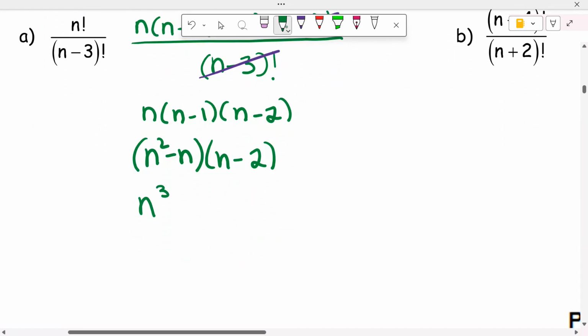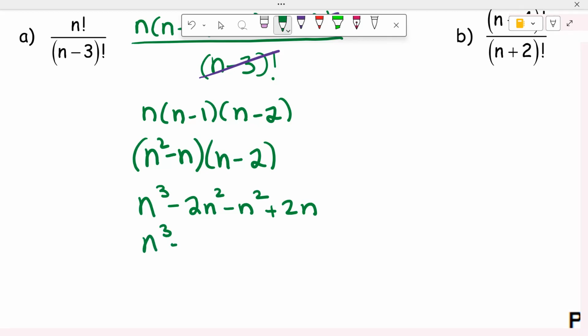So n cubed minus 2n squared minus n squared plus, sorry, 2n. Did I expand that right? I better double check. Yeah. Okay.